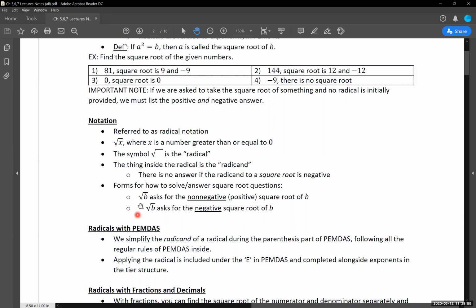So in this instance only, we're listing just the negative answer. And then the instance where we are not actually given a radical of any type whatsoever, then we need to list both the positive and the negative. So if nothing is listed, give both answers.